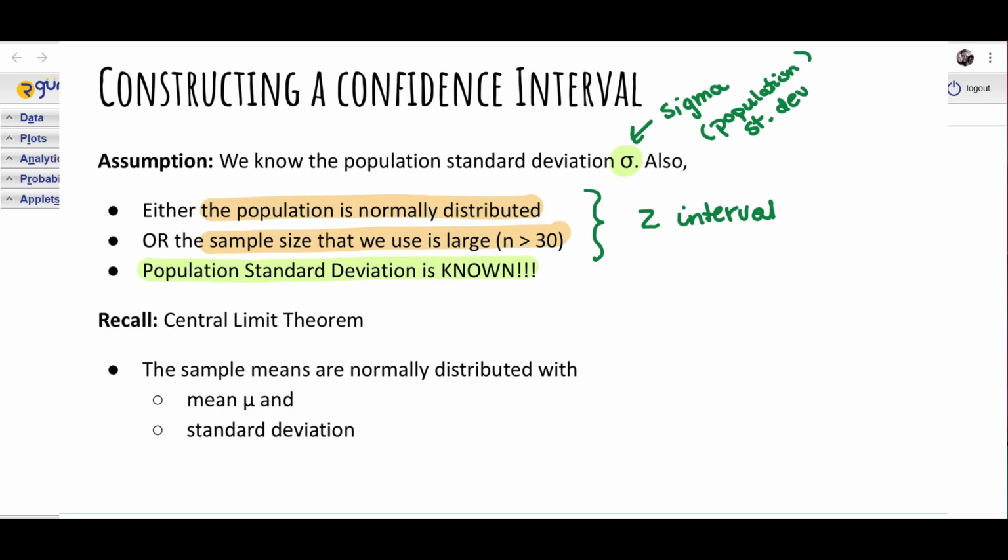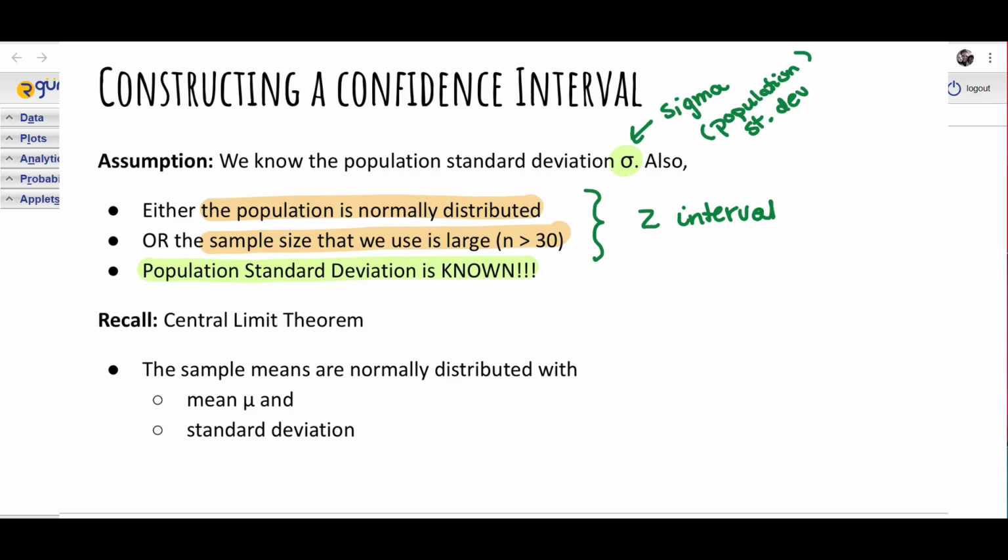And if you'll recall, central limit theorem we learned previously basically says that no matter what the distribution looks like, whether it's symmetric, so a normal distribution or not, if you take a large sample of bigger than 30, and if you were to take a lot of samples from the population and each of those samples were bigger than 30, and you were to line up all of the sample means into a histogram, it would create a normal distribution.